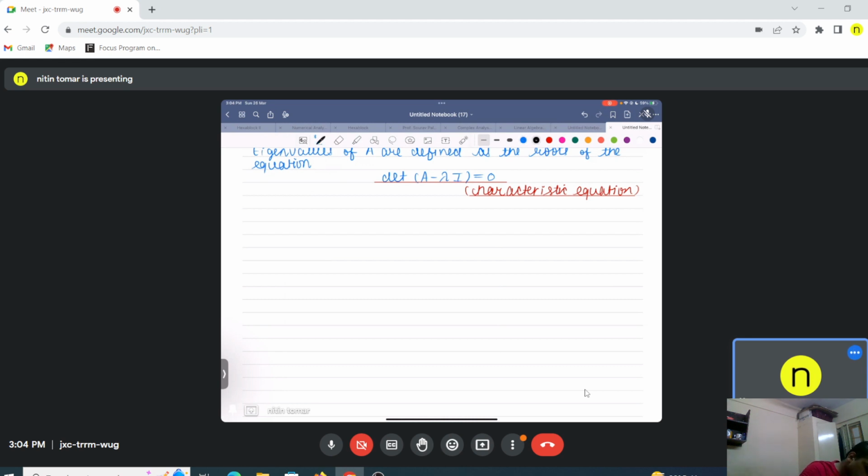So a few remarks before starting. Eigenvalues of A need not be real, even if A has real entries.